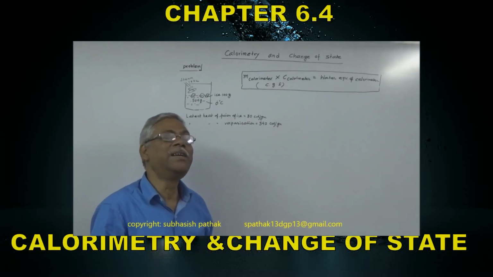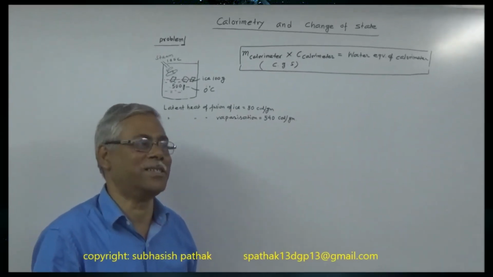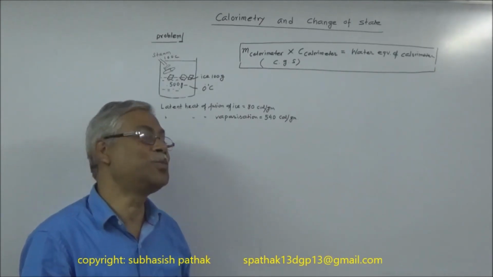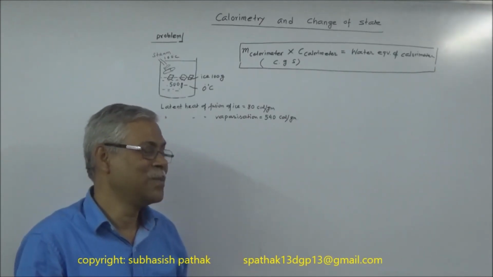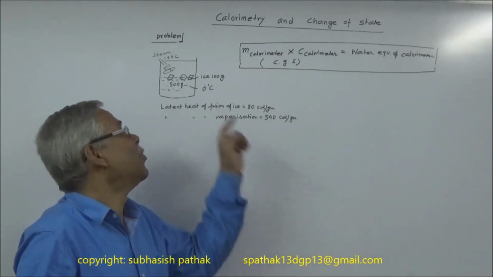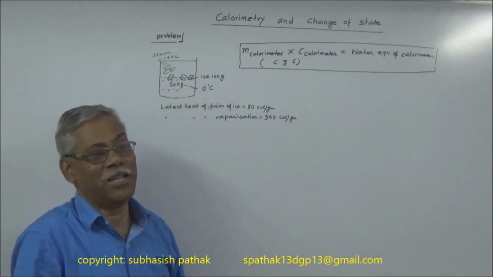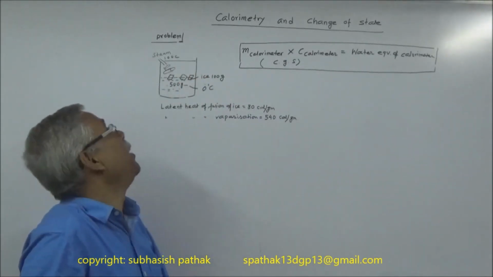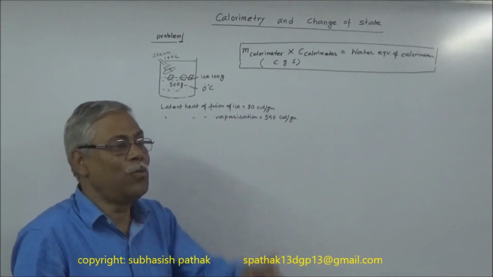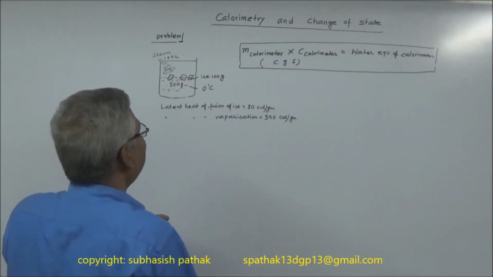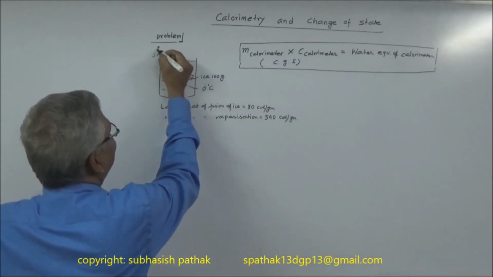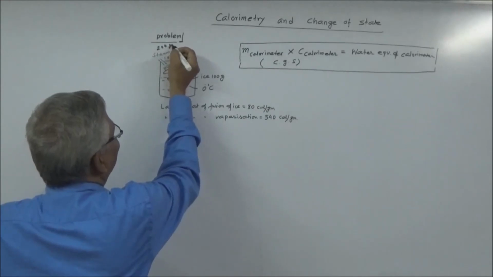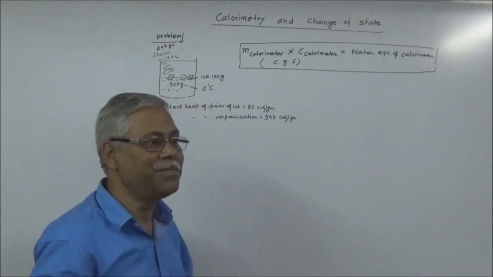There are three distinctly different possibilities. First possibility, all the ice will not melt. The heat present in the steam may be insufficient. How much steam have you supplied? 200 gram steam.